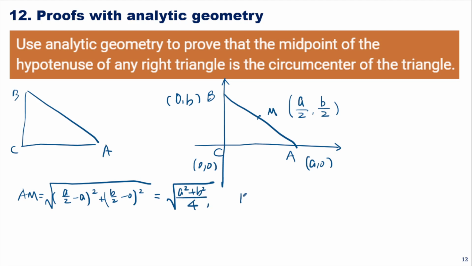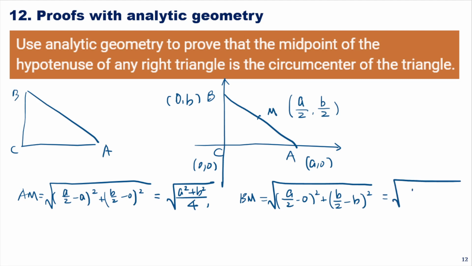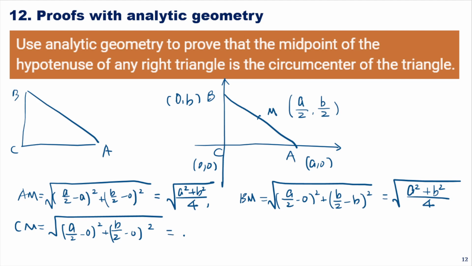You could also check the distance between B and M, which is the square root of (a/2 minus 0) squared plus (b/2 minus b) squared, and this is still the square root of (a squared plus b squared) over 4. And then let's check CM, which is the square root of (a/2 minus 0) squared plus (b/2 minus 0) squared, and this is still the square root of (a squared plus b squared) over 4.